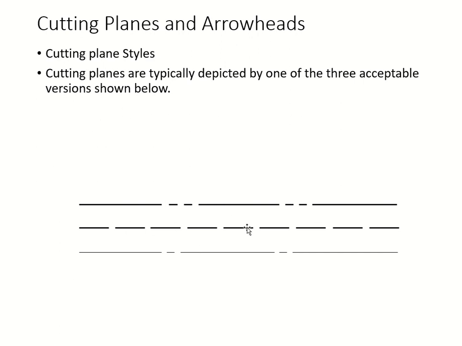This looks like the hidden line, right? We use the same thing for the cutting plane style, because the internal features are usually described by hidden lines like that. Of course, you also have your long, then short, then long, similar to your hidden lines, phantom lines and center lines.